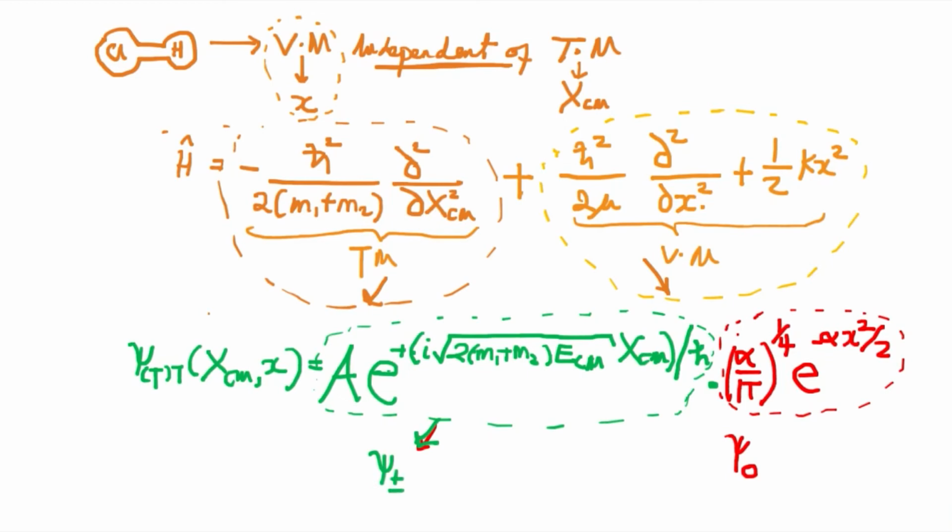But in terms of the harmonic oscillator, we're looking at energy levels going from the ground state to the first state, second state, and on to infinity.